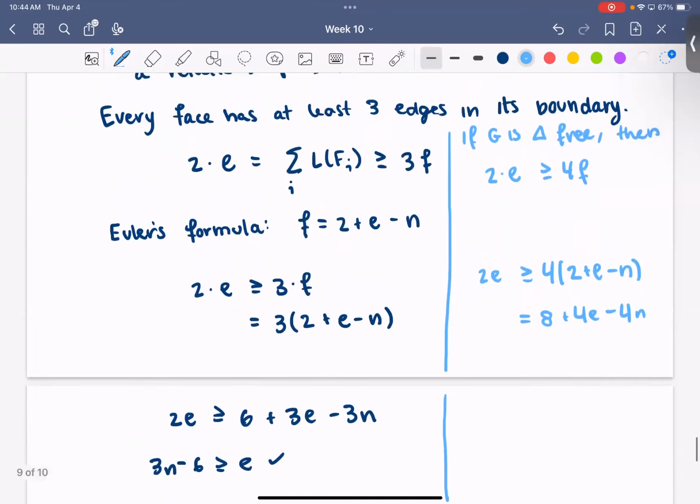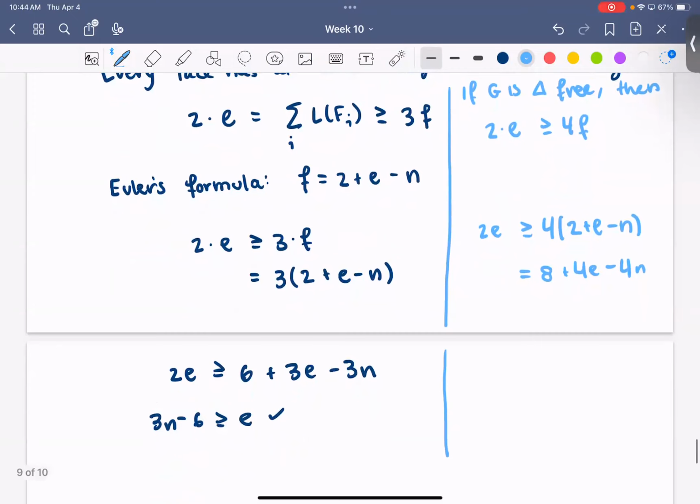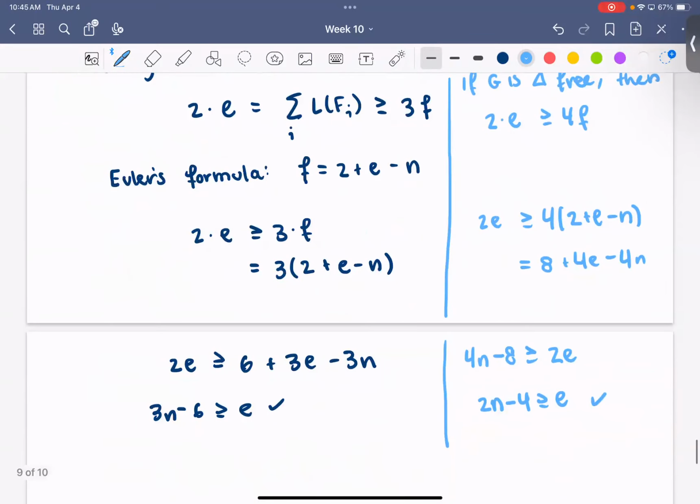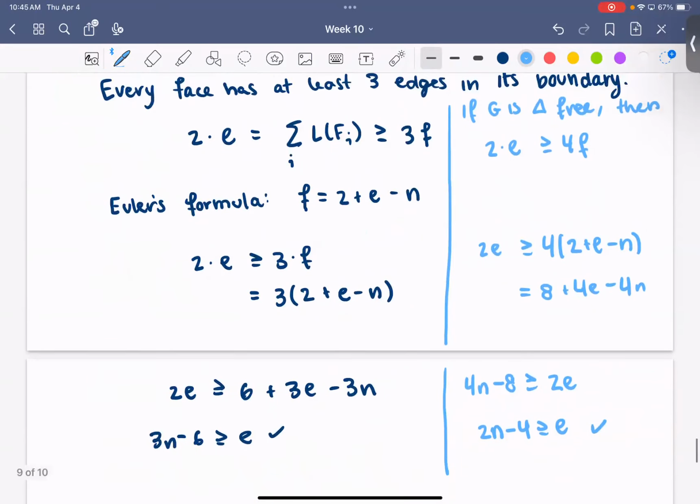And then rearranging that, we're going to get 4N minus 8 is greater than or equal to 2E. So then 2N minus 4 is greater than or equal to E. And is that what we wanted to prove? Yes. So then that completes the proof.